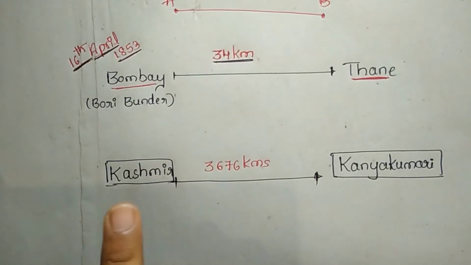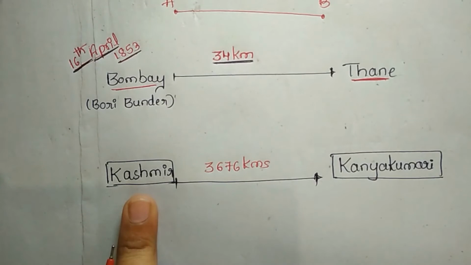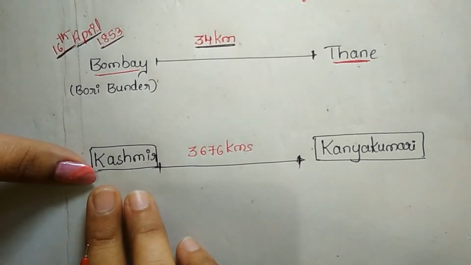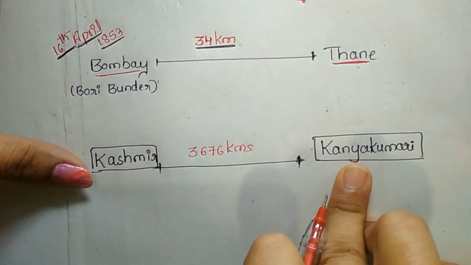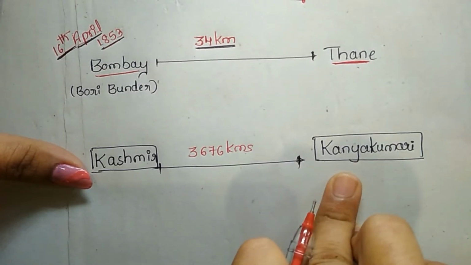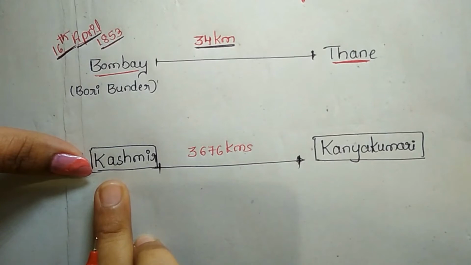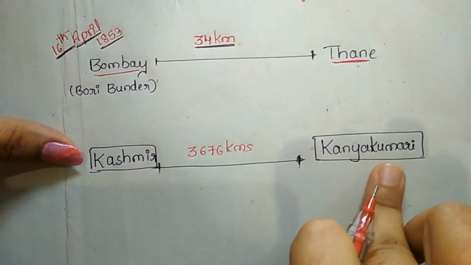One more example, Kashmir to Kanyakumari. If I take, state-wise, Kashmir and one more place, Kanyakumari. Where is Kanyakumari? Do you know that place? It is in Tamil Nadu. If Kashmir is at the top of India, Kanyakumari is at the bottom of India.